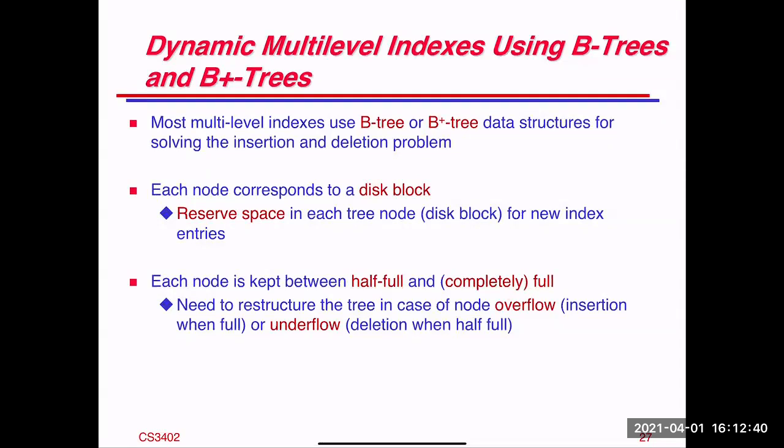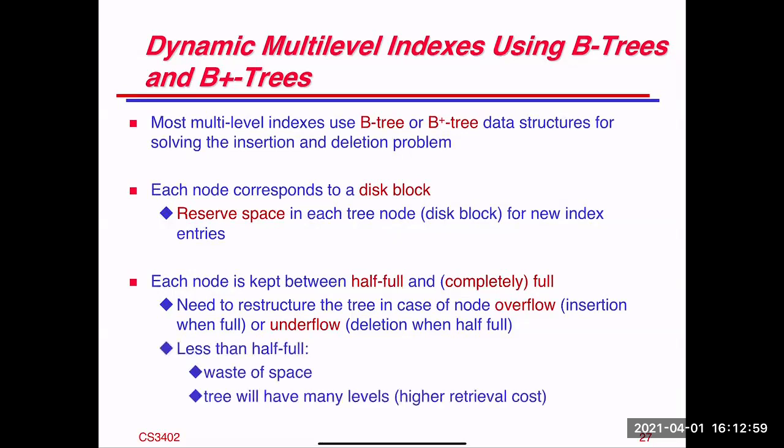Okay, so in case a node overflows because I added too many index entries to that node, then I need to split that node. And if a node underflows, meaning that it will have less than half of its load filled with index entries, then I'll need to merge it with some neighboring node.